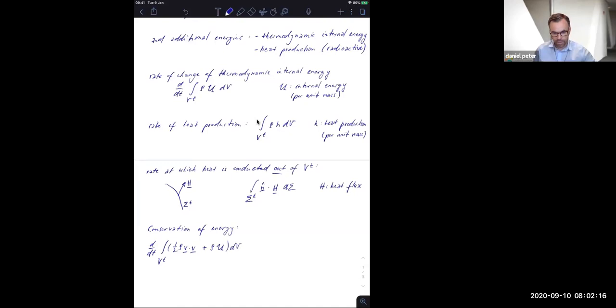Okay, that's our left side: kinetic and potential, or if you prefer, internal energy.